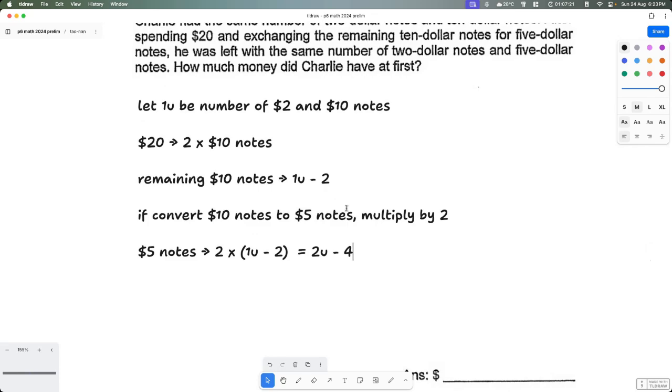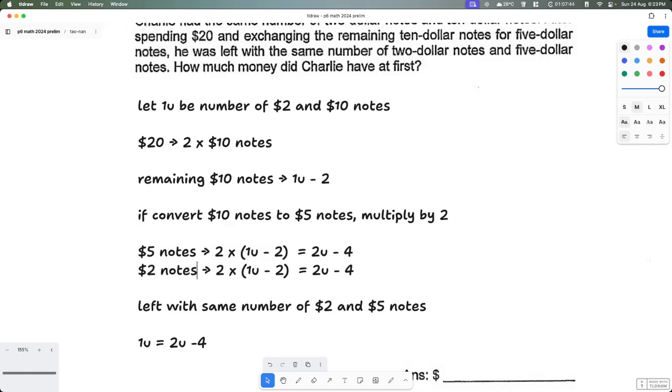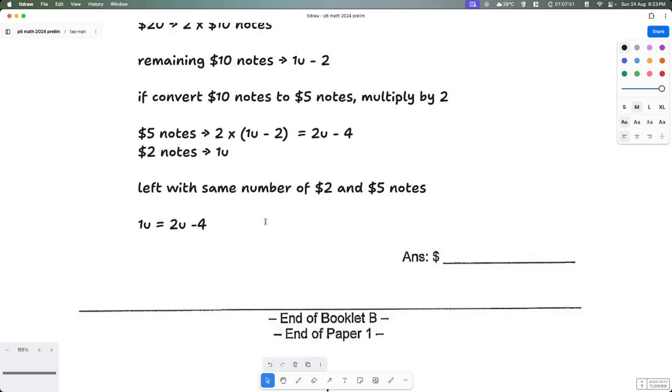Okay, so then at the same time we are left with the same number of $2 notes and $5 notes, which means 1 unit is equal to 2 units minus 4. So $2 notes is equal to 1 unit. That's what we stated above. So left with the same number, 1 unit is 2 units minus 4.